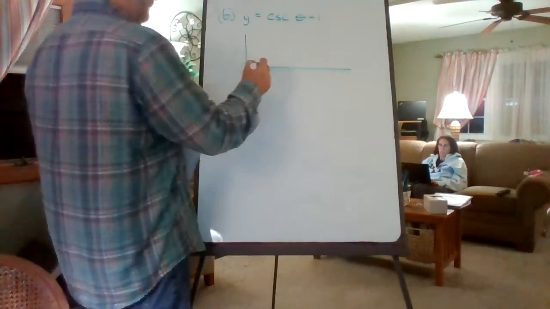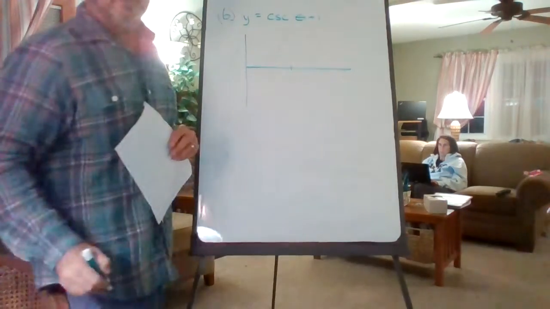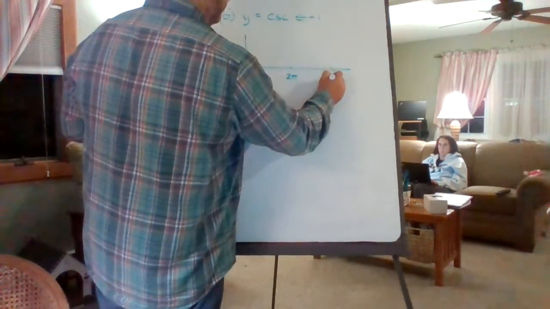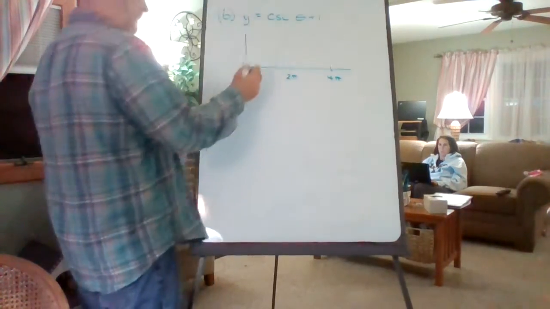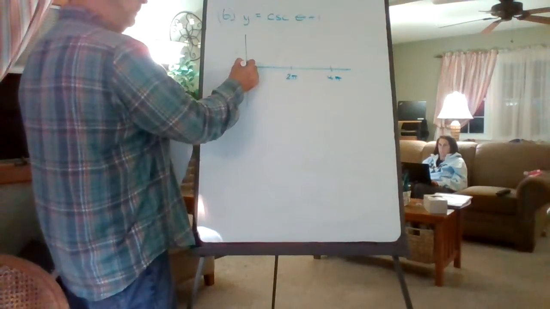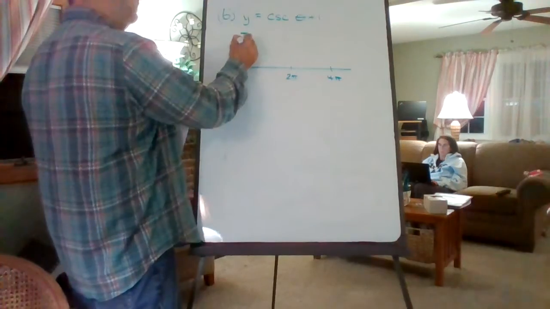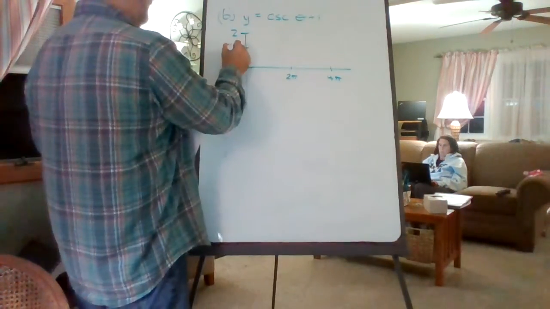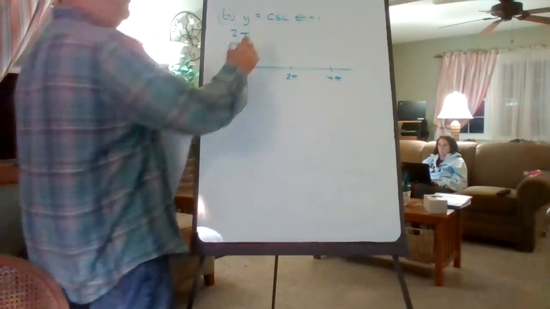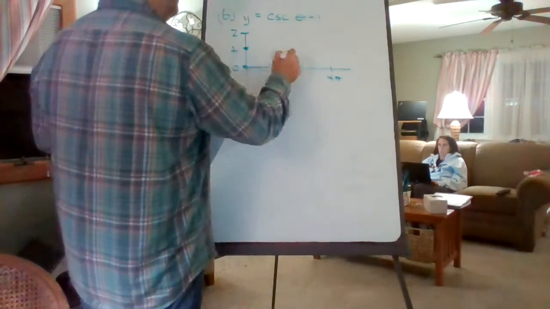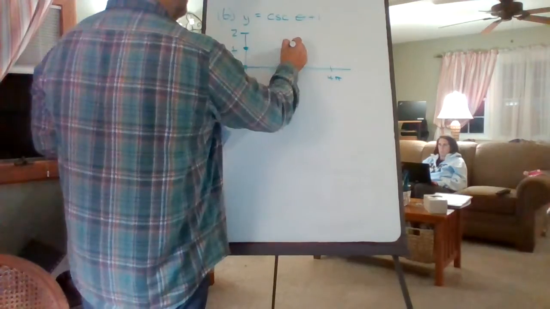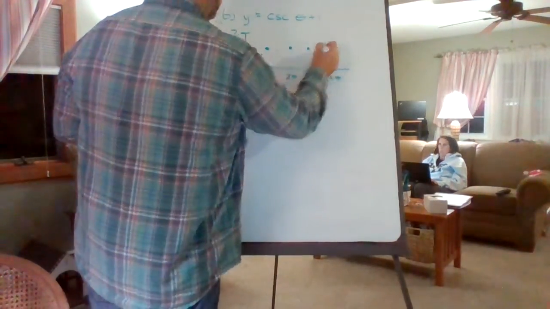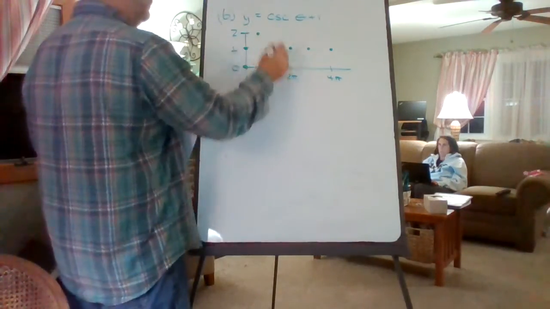All right, so cosecant comes from sine. So there is my 2 pi, there is my 4 pi. We're adding 1. So my minimum is now going to be at 0. My maximum is going to be at 2. And my halfway point is going to be at 1. First quarter point max at 2.